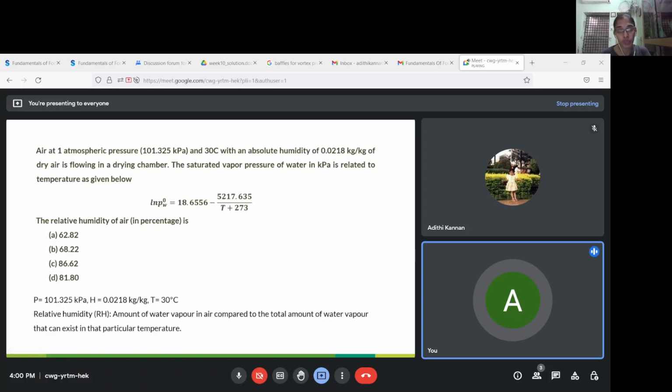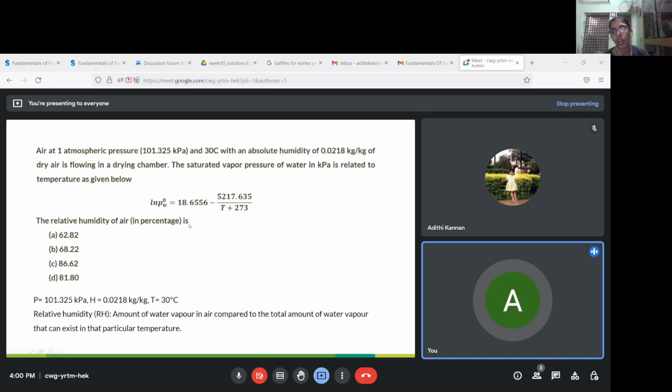So what is relative humidity first? Relative humidity is the amount of water vapor that is present in the air relative to the total amount of water vapor that can exist at that temperature. The amount of water vapor in the air can be given as the vapor pressure PV, and the total amount of water vapor that can possibly exist at that temperature is given by the saturated vapor pressure.